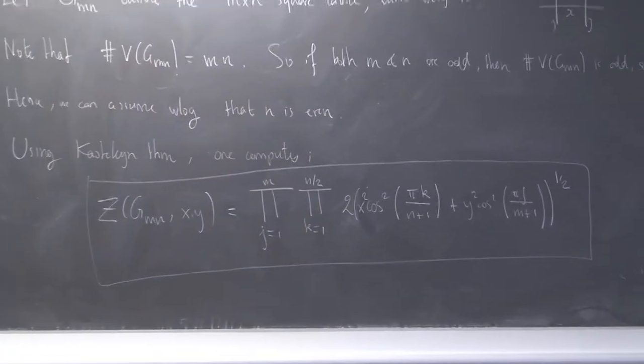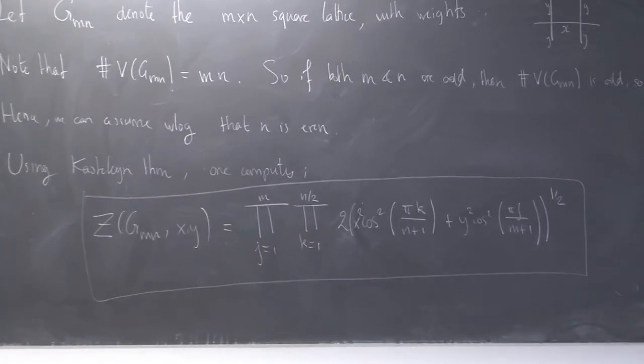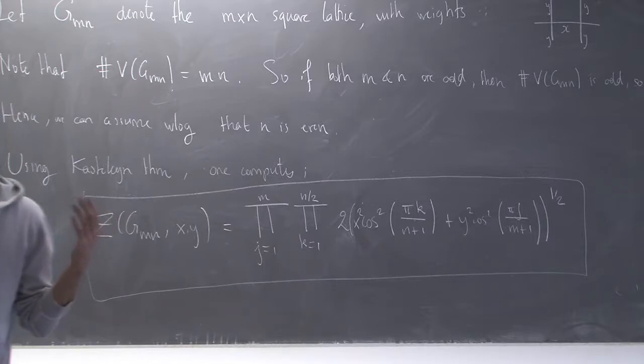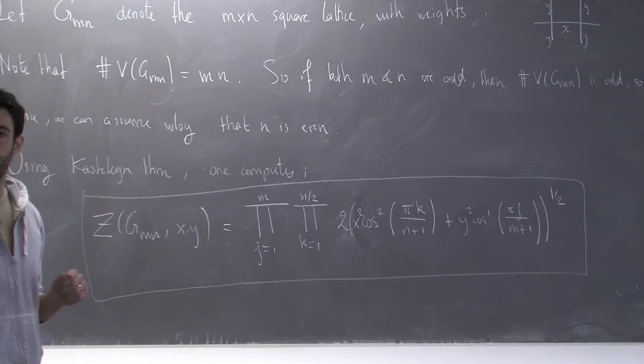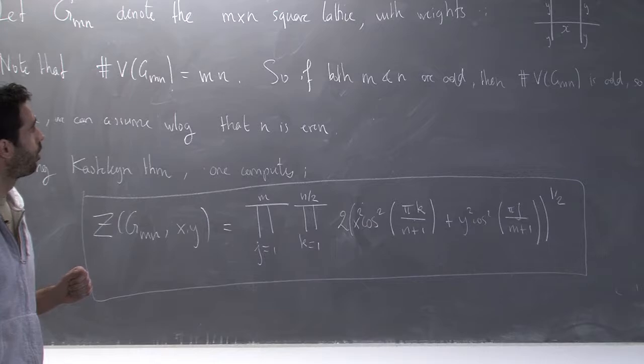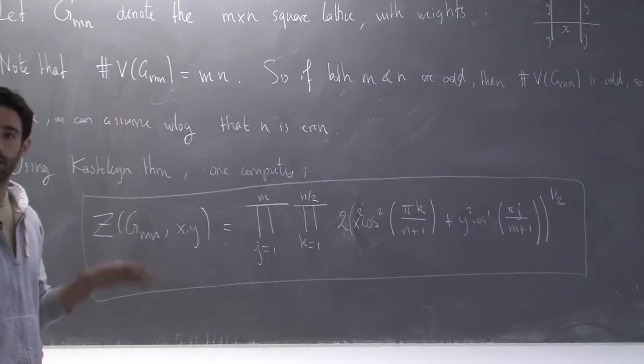I will just double check that I didn't mess up the indices, but I think that's correct. I'm not claiming it's a trivial exercise, but you will all be able to do it with the indications. So I think this is absolutely unbelievable. You have a closed formula in this form for the dimer partition function for the square lattice with weights x and y like this.